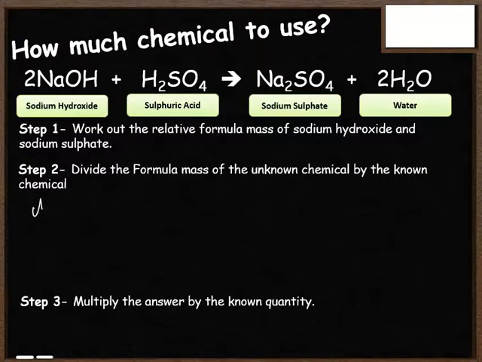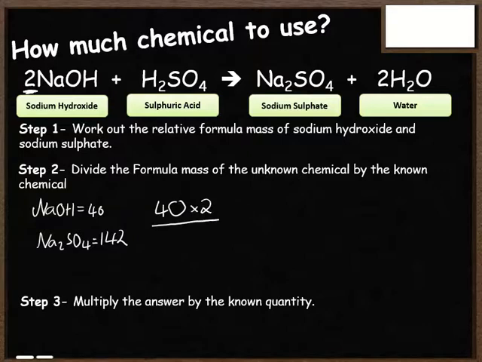So my second step is to divide the formula mass of my unknown chemical, sodium hydroxide, by the known chemical, sodium sulfate. So sodium hydroxide is 40 for its formula mass. However, because in my chemical equation up at the top it says 2 NaOH, I need to times that 40 by 2.